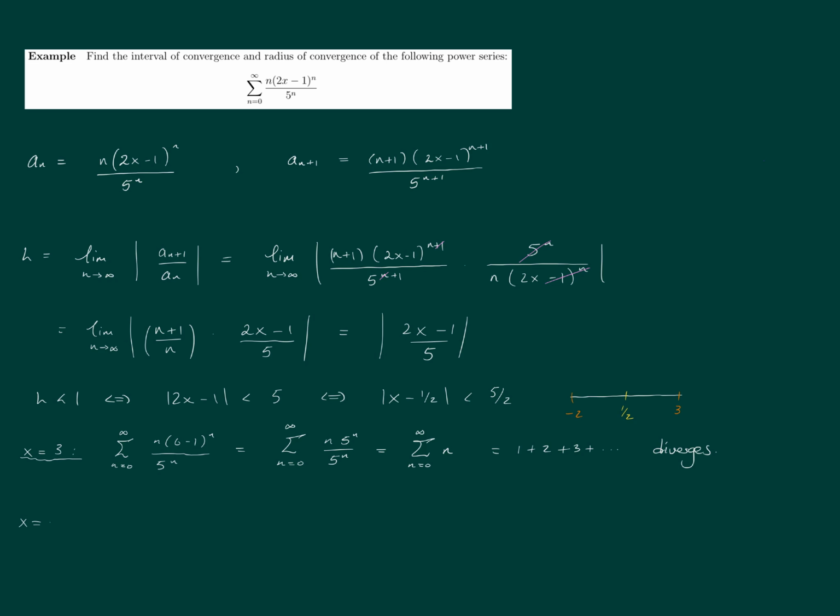Checking the next boundary case, x is equal to -2. Sum n goes from 0 to infinity, n times (-4 - 1)^n all over 5^n. -4 minus 1 is -5, so this is going to be (-5)^n. So the sum from 0 to infinity, n times (-5)^n over 5^n.